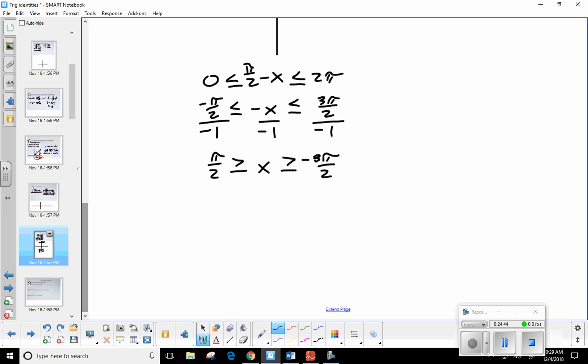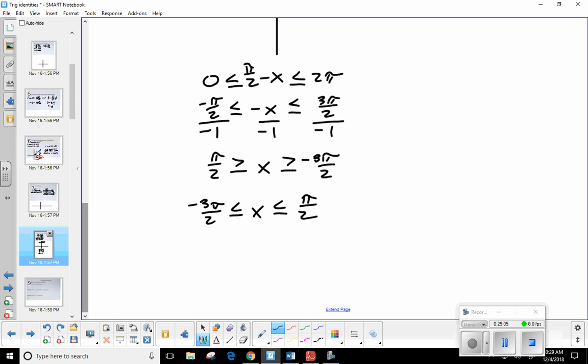Now, we've simplified the compound inequality, but we always like it to go from least to greatest. Here we start with the greatest and end with the least. The statement is still true, but I'm going to rewrite it so it looks like this: negative 3 pi over 2 less than or equal to x less than or equal to pi over 2.